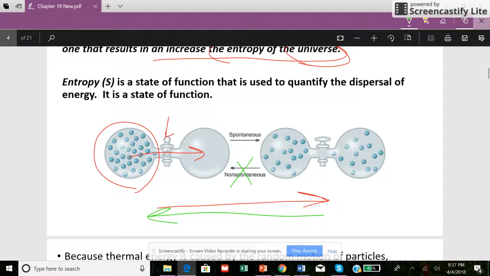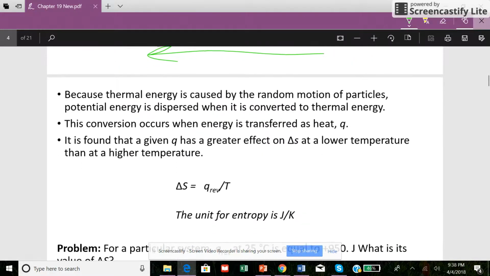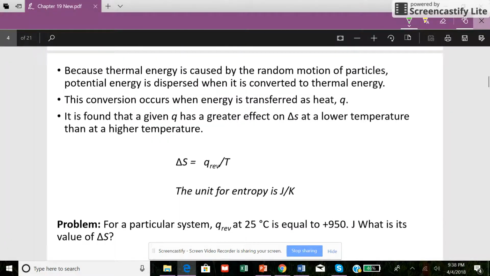Now, keep in mind that entropy is a state function, meaning that we don't really care which route it takes to get from the initial state to the final state. All we care about is the difference between the initial state and the final state, just like enthalpy.